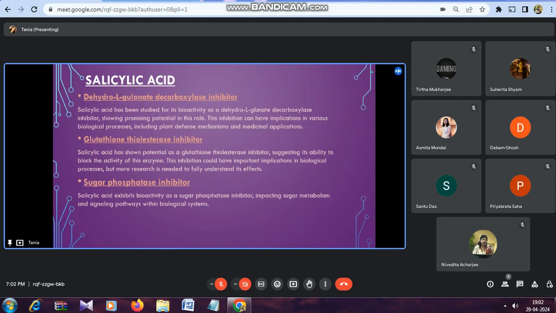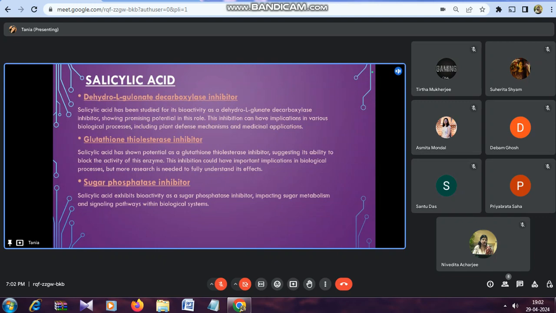Next is glutathione thioesterase inhibitor. Salicylic acid has shown potential as a glutathione thioesterase inhibitor, suggesting its ability to block the activity of this enzyme. This inhibition could have important implications in biological processes, but more research is needed to fully understand its effect.